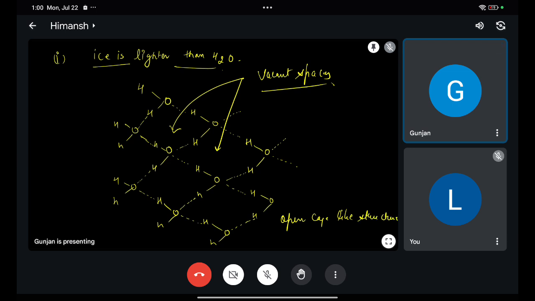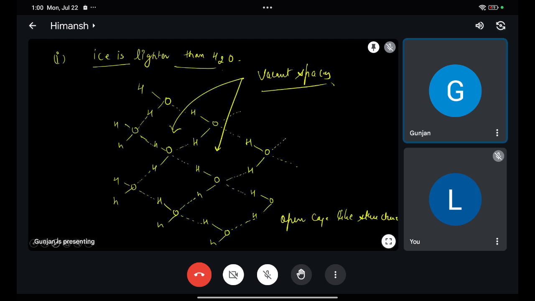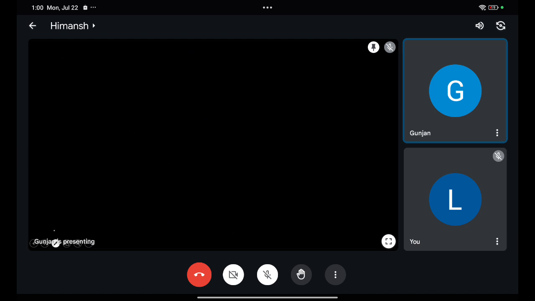So as a result, tetrahedral arrangement of, so it seems to be like a planar structure, but actually it is a tetrahedron. Oxygen atoms of water molecules are at corners of a tetrahedron.